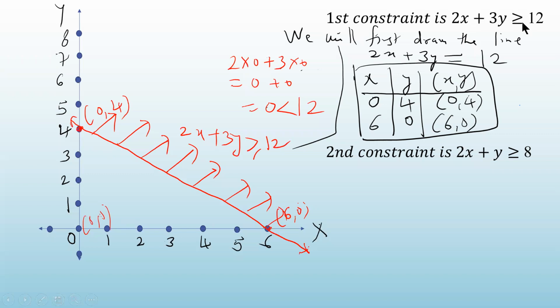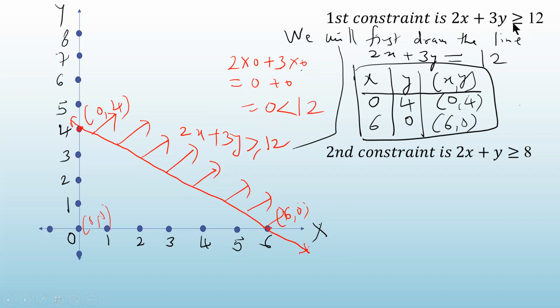So what will be greater than 12? Everything on this line and above the line. I hope it is clear to you. Everything from here to here, which I have shown by the arrow, is given by the inequality 2x plus 3y greater than or equal to 12.